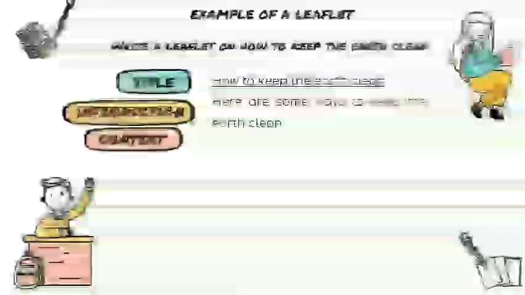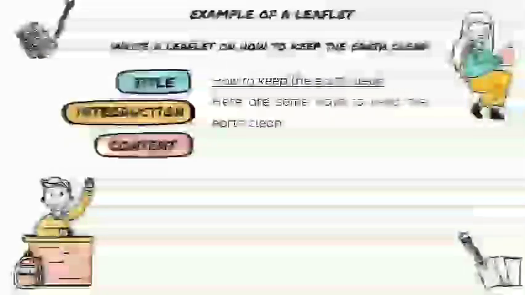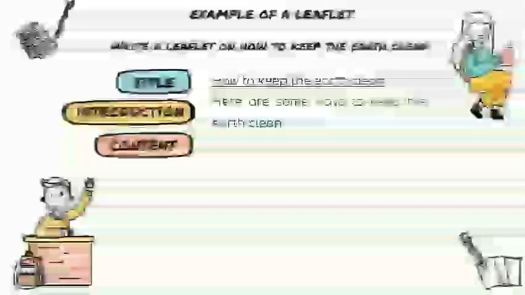Next is the content. Very good, right? So for your content, you have to make sure to choose one modal verb to put your message out there for the audience. For this one, I just decided to choose the past tense of shall, which is should.